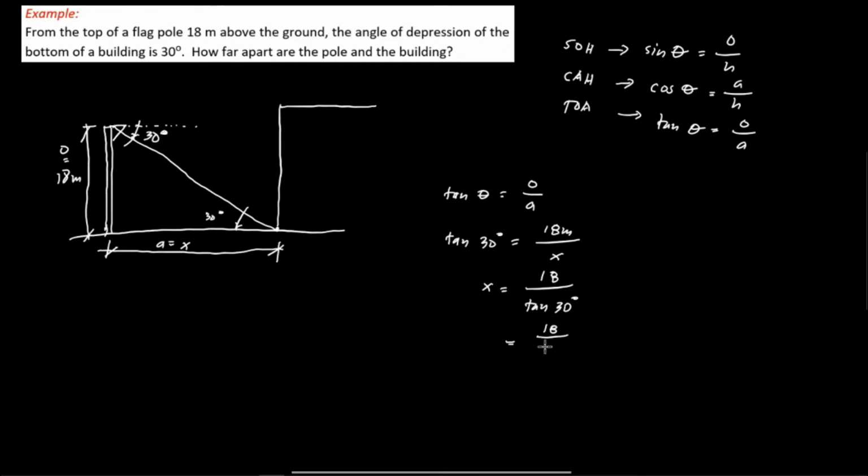Tangent 30 degrees is equal to 0.5774, and x, 18 over 0.5774, is equal to 31.17 meters. So this is the distance from the pole up to the edge of the building, and that's the final answer.